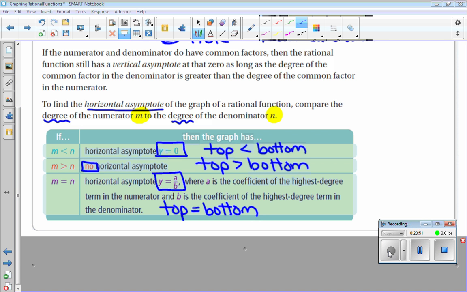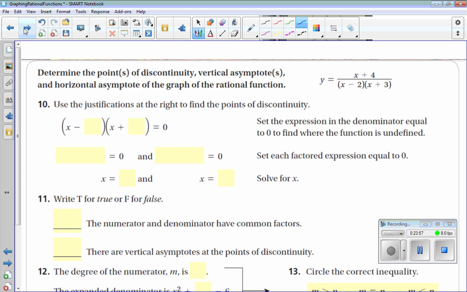So let's look at one where we have to check for holes, vertical asymptotes, horizontal asymptotes, etc. Let's look at this example. Again, it's something I want you to put in your notes. Go ahead and erase your boards. We're going to do this one on our whiteboards as well to make sure that we have a nice picture of what we're looking for. So this is the example that we're going to be doing.